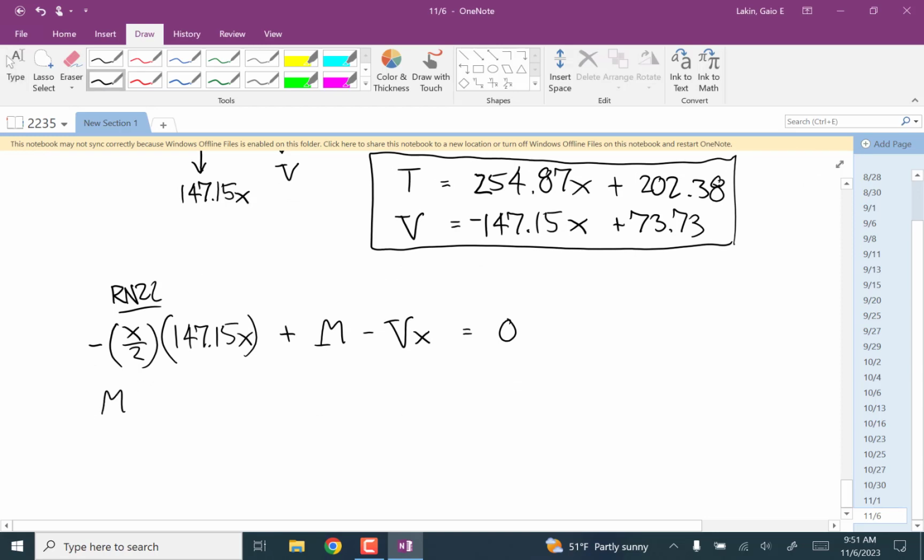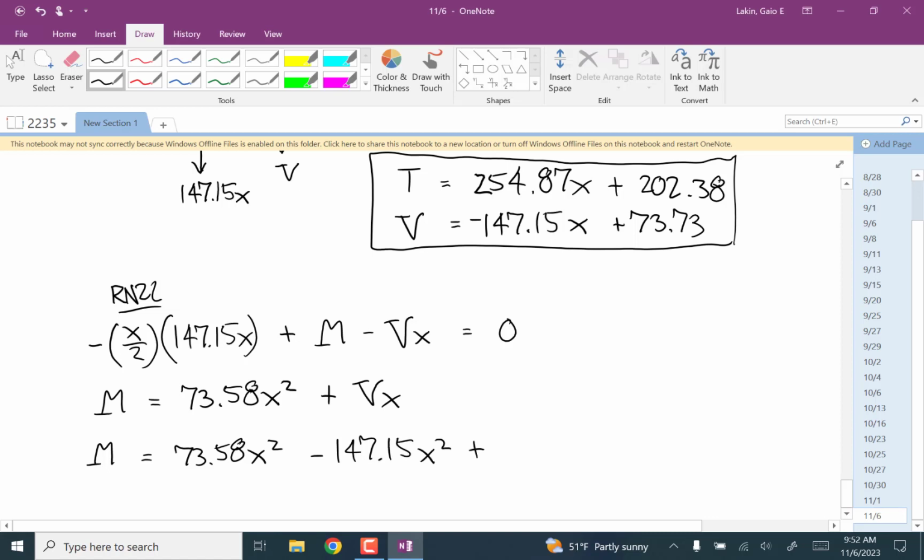So we have m is equal to, is this the one that's 73.58 x squared plus vx. So m is equal to 73.58 x squared minus 147.15 x squared plus 73.73 x.